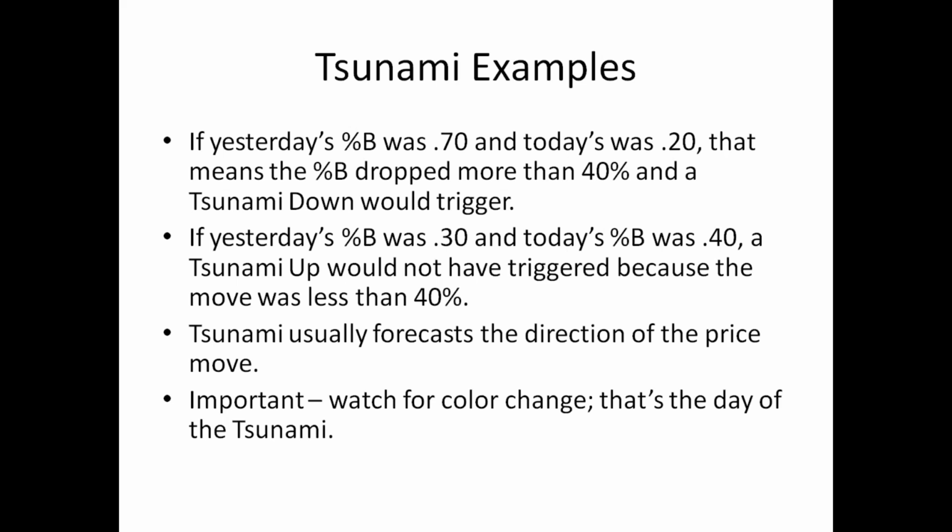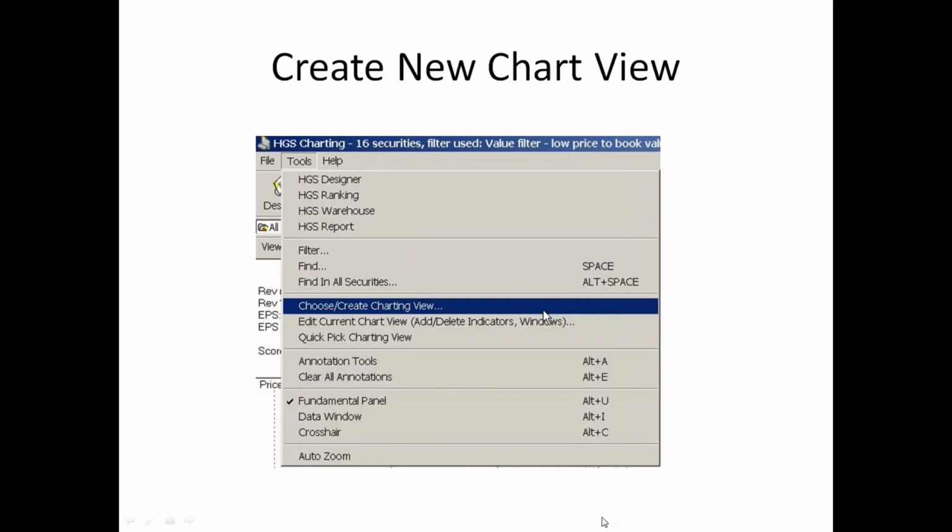Before we move on to creating the charts, does anyone have questions on the Tsunami? Yes, we have one question from Frank Anisi, and he's asking about percent B and its calculation, and he's asking, is it standard deviation divided by price? I'm not sure how HGSI calculates it.